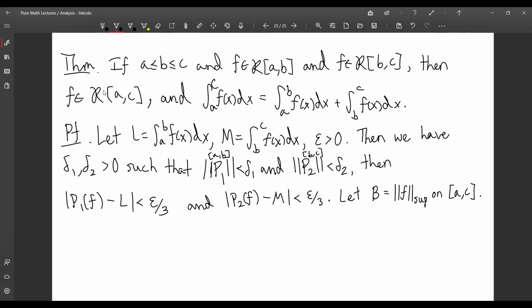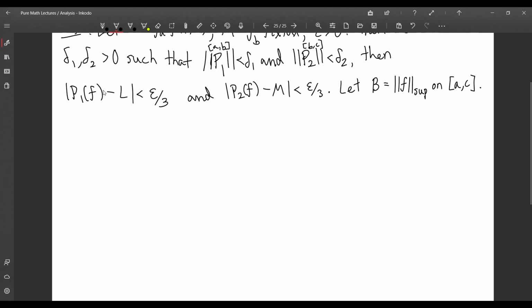If it wasn't, it would have to be unbounded on one of these intervals, and then it wouldn't be integrable. So F is bounded, and we can set B equal to the sup norm, and let delta be the minimum of delta 1, delta 2, and this number that might look very funky, epsilon over 9B. We'll see why we choose this number later on.